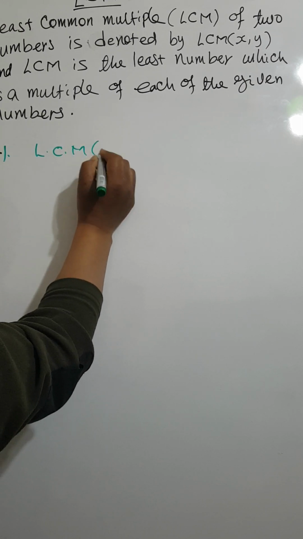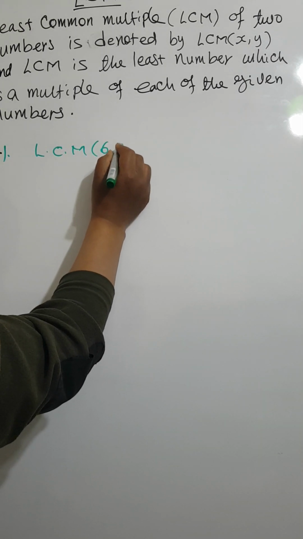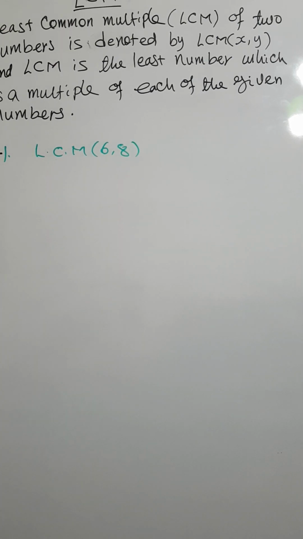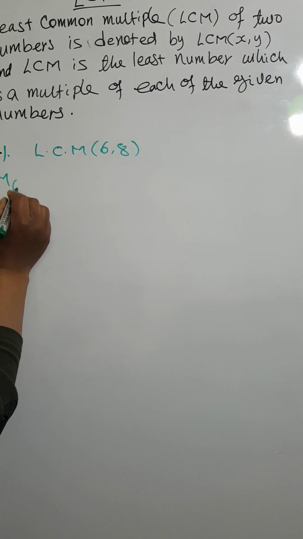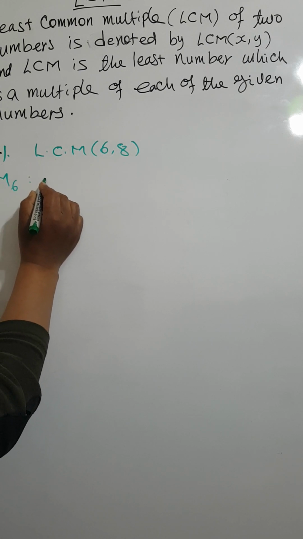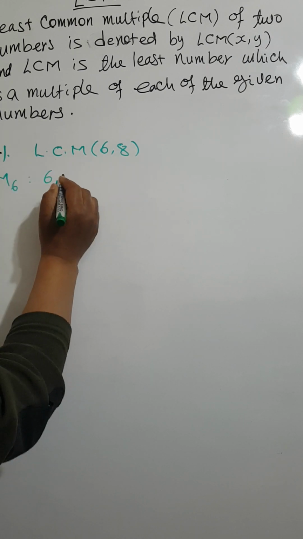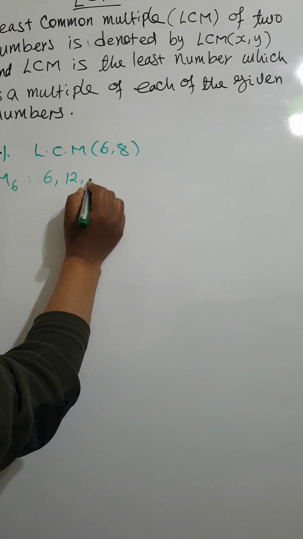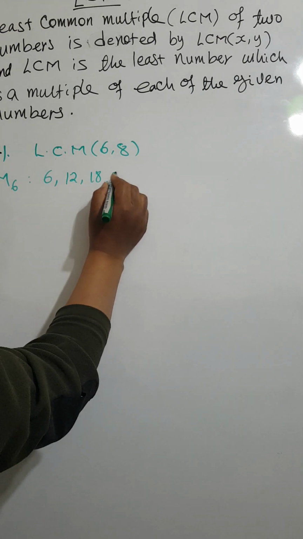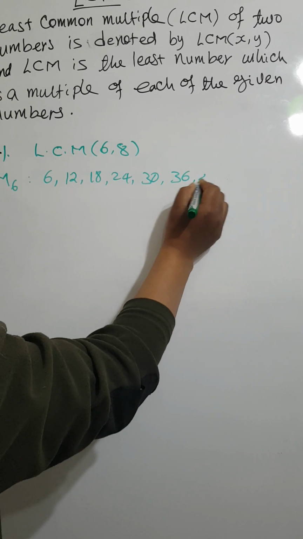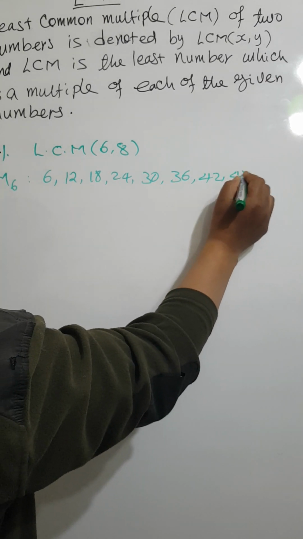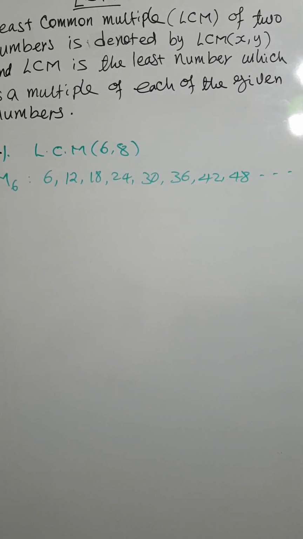For instance, if we are asked to find the LCM of 6 and 8, as in the common method, we are supposed to find multiples of 6. Multiples of 6 include 6 times 1 is 6, 6 times 2 is 12, 18, 24, 30, 36, 42, 48, and it goes on.